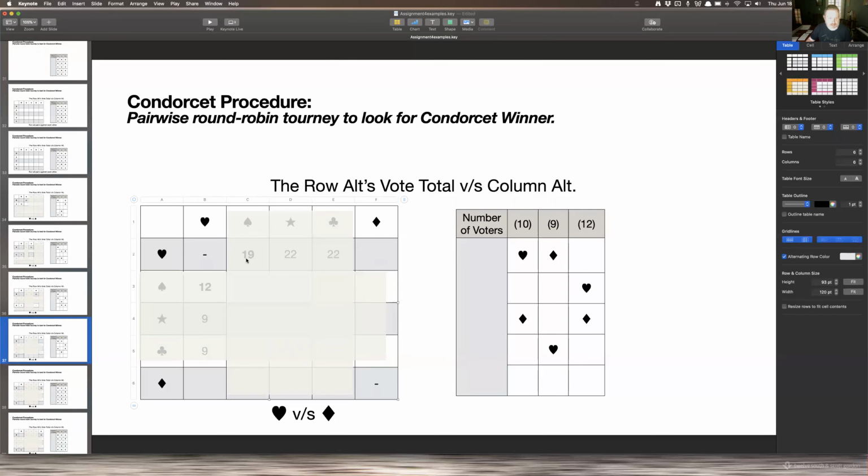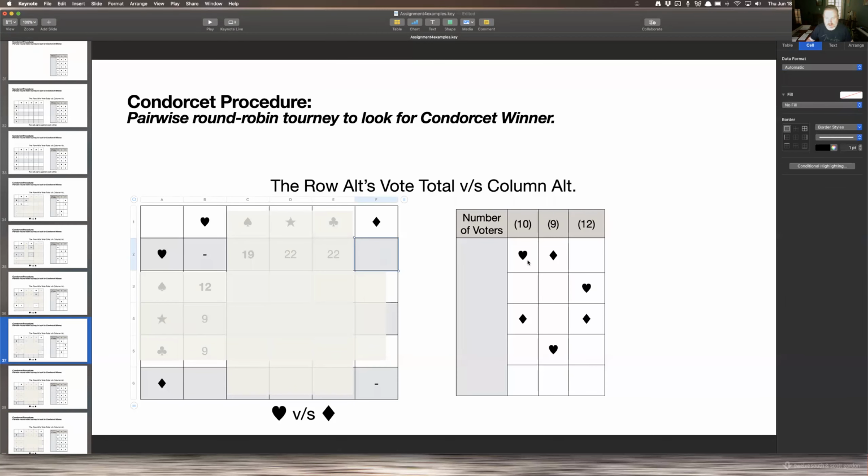Okay, so hearts against diamonds again, hearts gets 10, hearts gets 12, so hearts gets 22. And then diamonds against hearts, again, what is the row here? That's going to be the diamonds total in this pairwise comparison, which is 9.